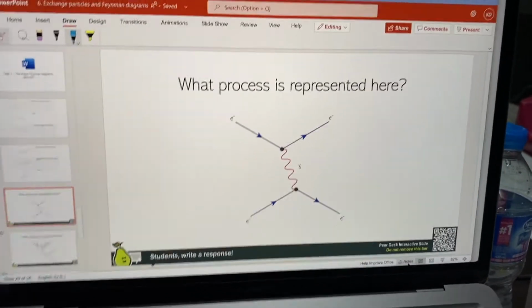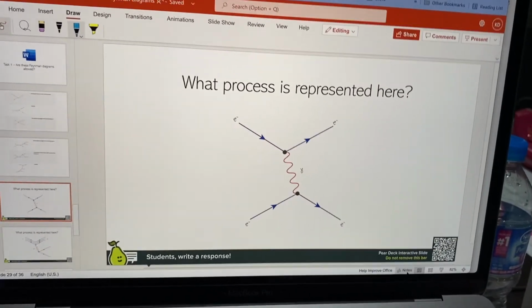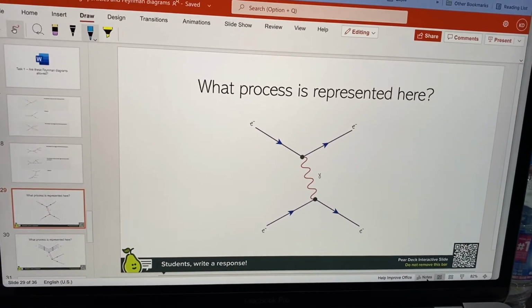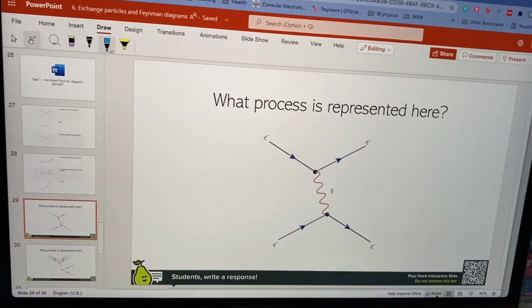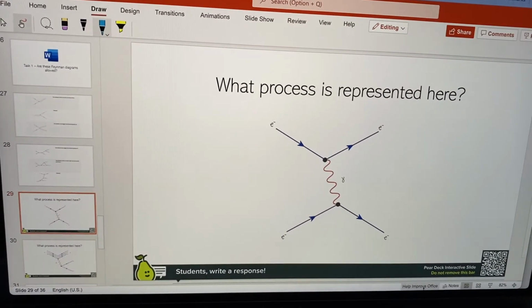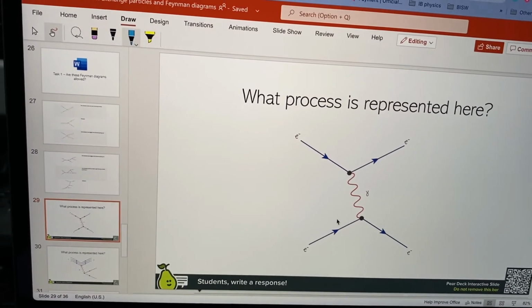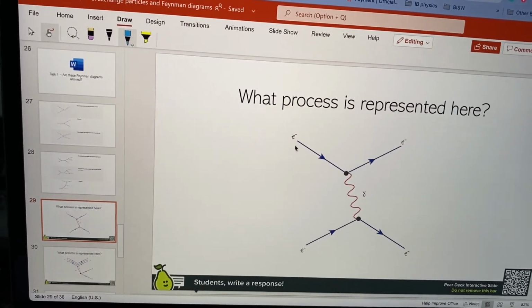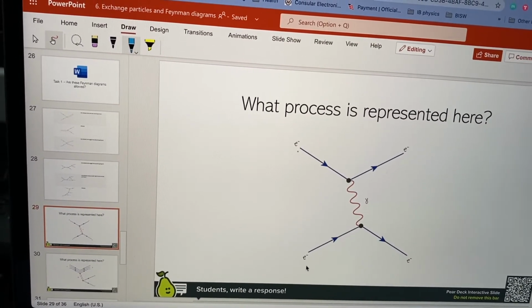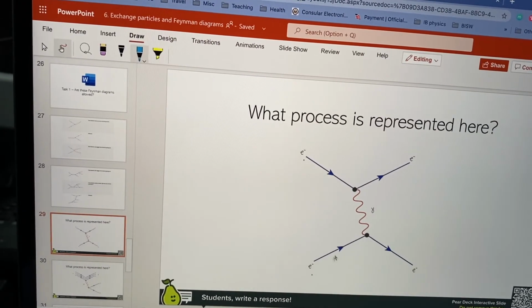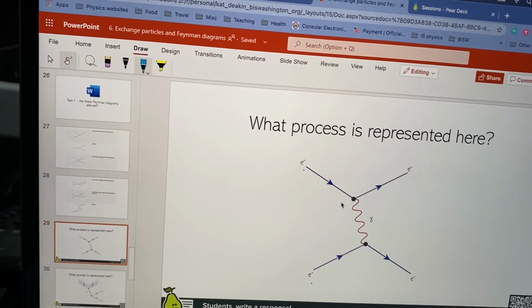So what process is represented here? We are going to have a little look. We've got time on our x-axis, and what we can see is an electron and a second electron moving together in space.